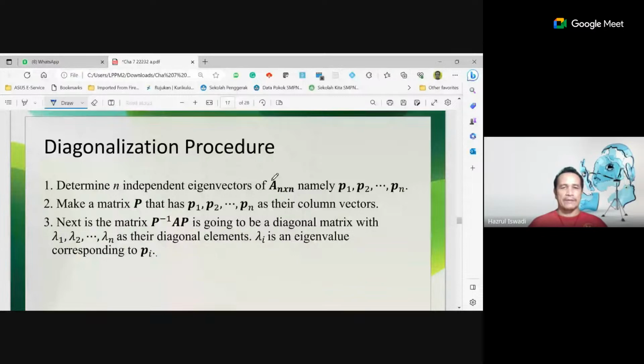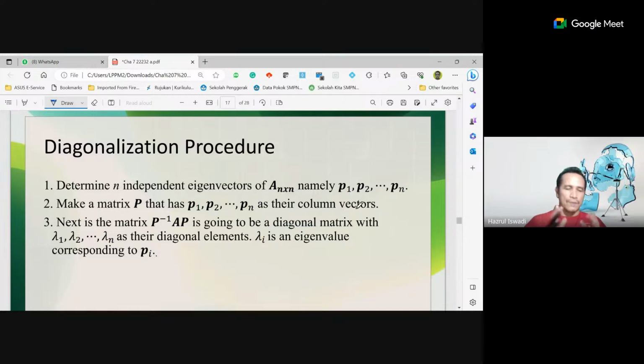Suppose we have n independent eigenvectors of A, namely P1, P2, up to Pn. Then we make a matrix P that has P1, P2, up to Pn as its columns.